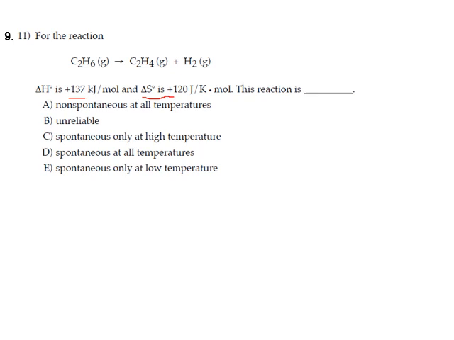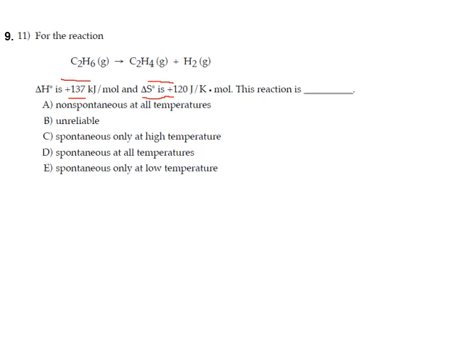Things tend to be spontaneous if delta H is negative and delta S is positive. So for this particular reaction, delta S is positive, so it would tend to make this reaction go to the right. However, the delta H is not negative, it's positive. So it's going in the wrong direction as far as if we want this thing to be spontaneous.